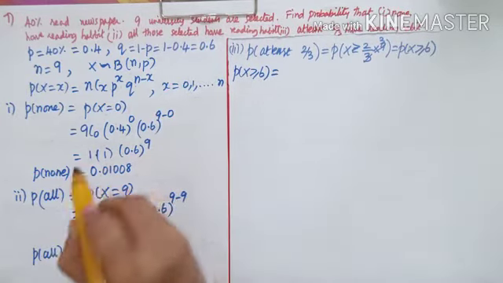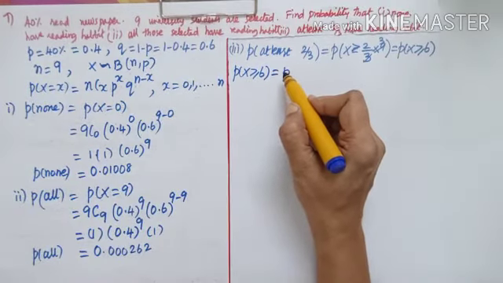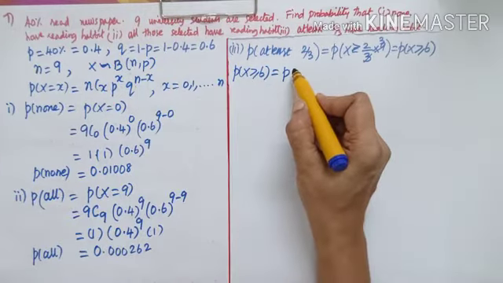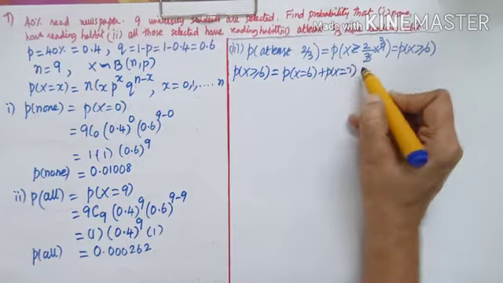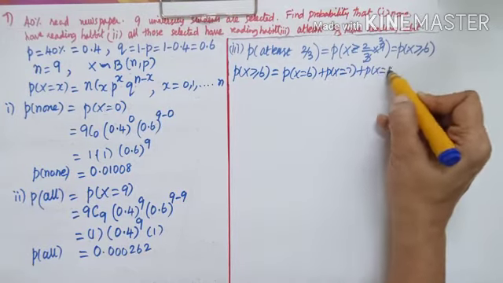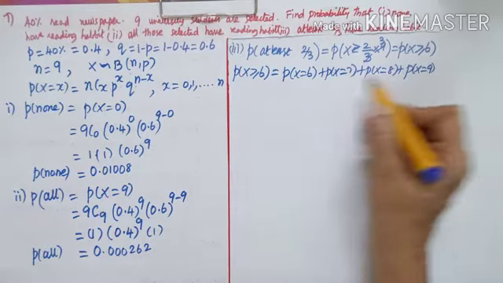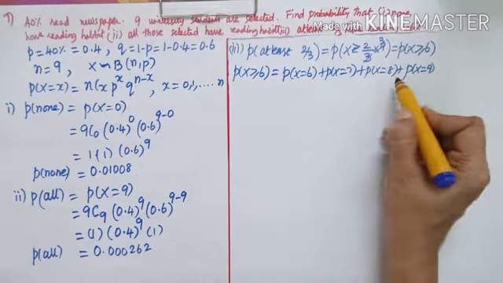One method is 1 minus, but this itself is simple because there are only 9 students. So greater than or equal to 6 tells me it can be 6 or 7 or 8 or 9. Whenever I say the word or, we need to add the probability. So P of x is equal to 6, 7, 8, 9.